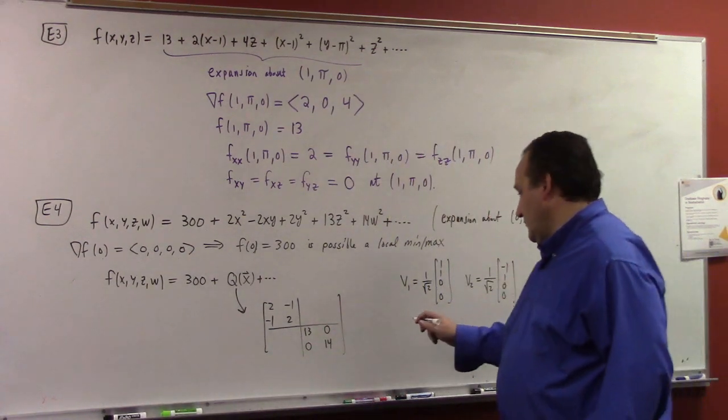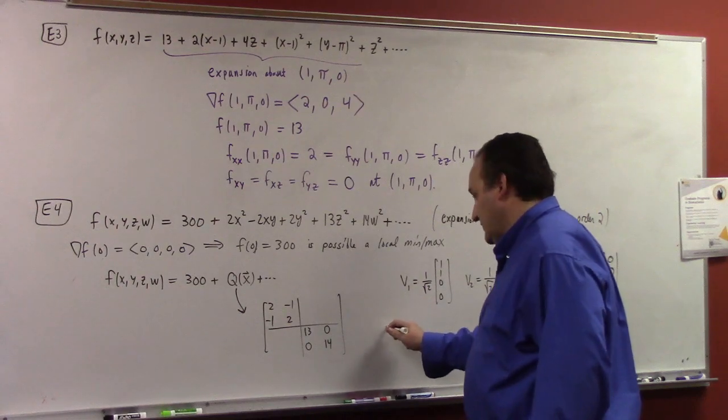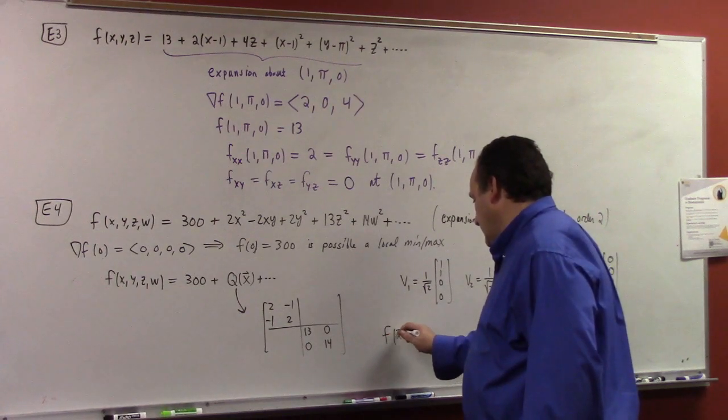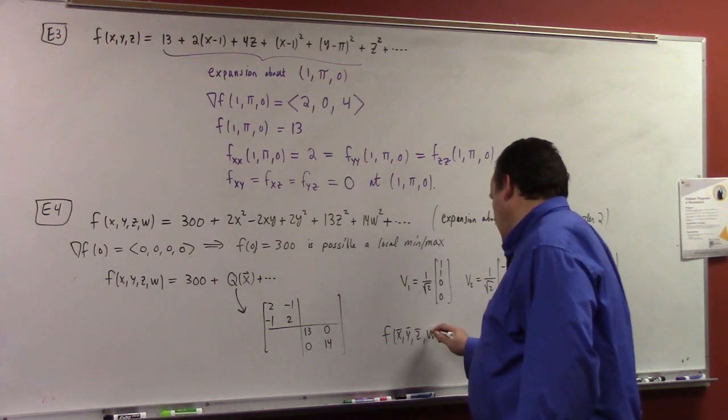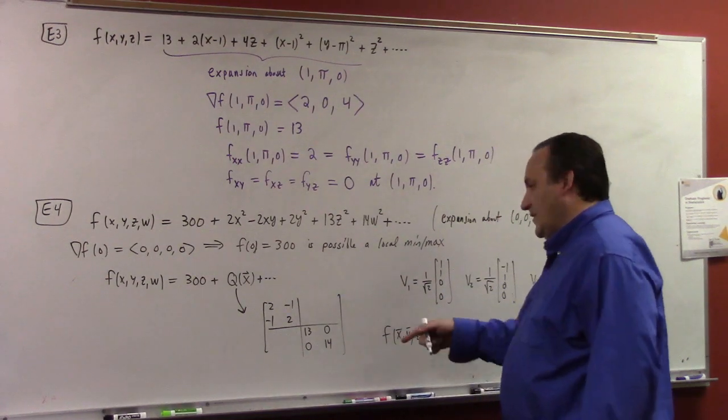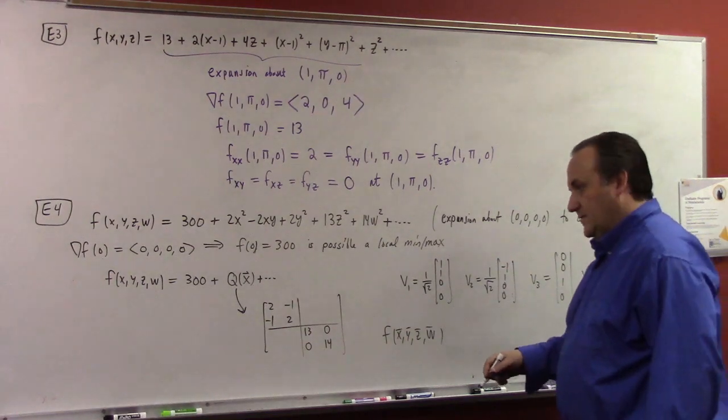So listen, the point here is if we use eigencoordinates for this, then f of x bar, y bar, z bar, w bar, and x bar, z bar and w bar are just z and w in this case. They're already fine.